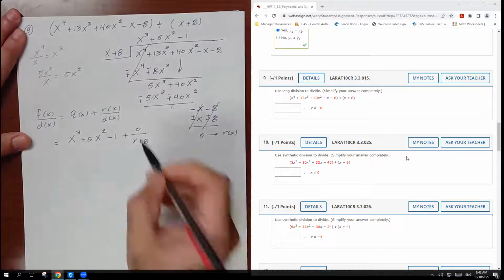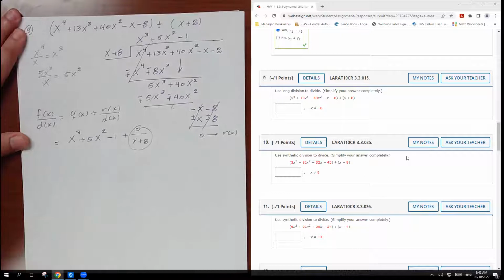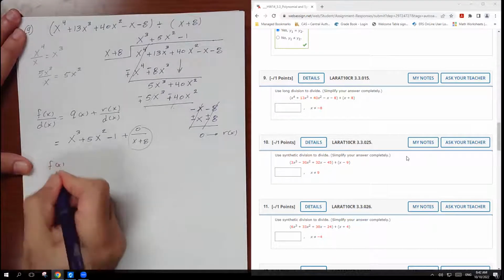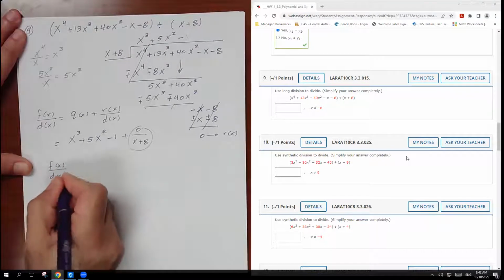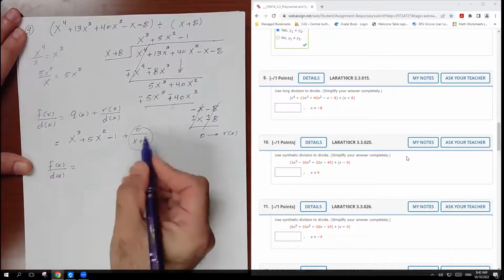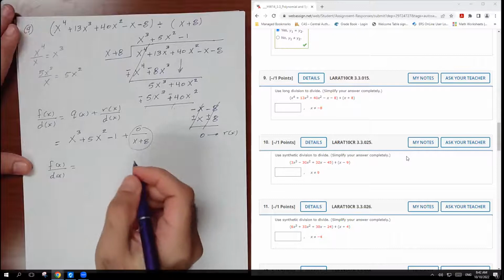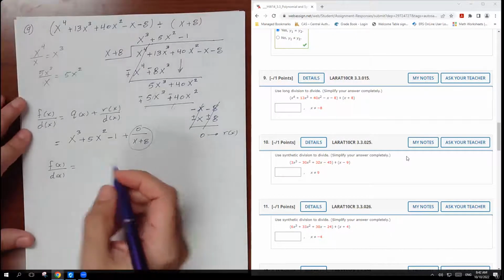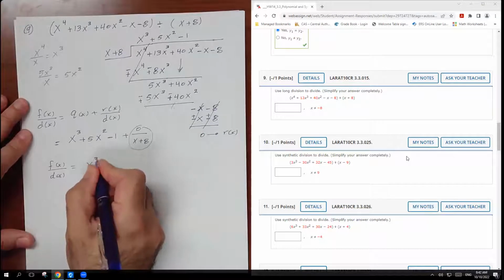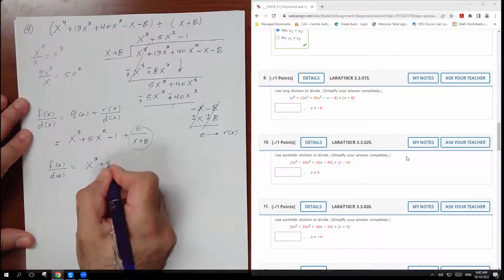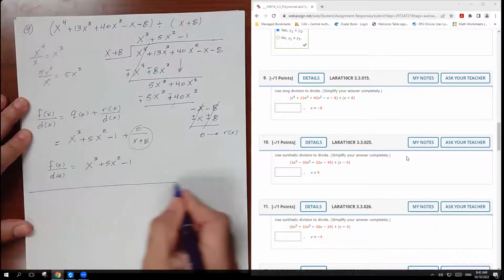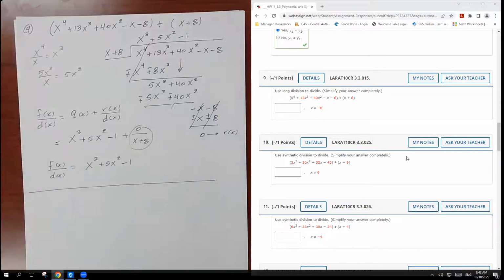Now 0 divided by any number is going to be 0. That means in this case, f of x divided by d of x, the remainder is 0, so we just have to write down x cubed plus 5x squared minus 1. That's it for this example.